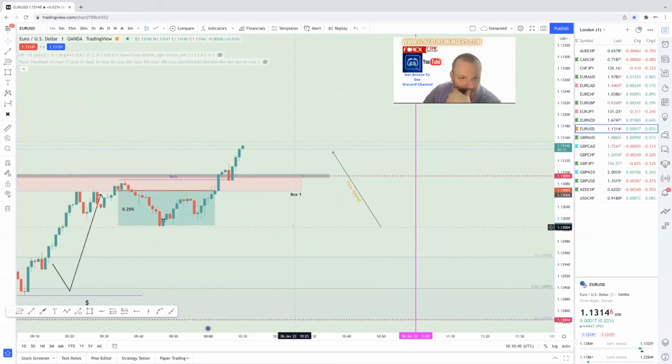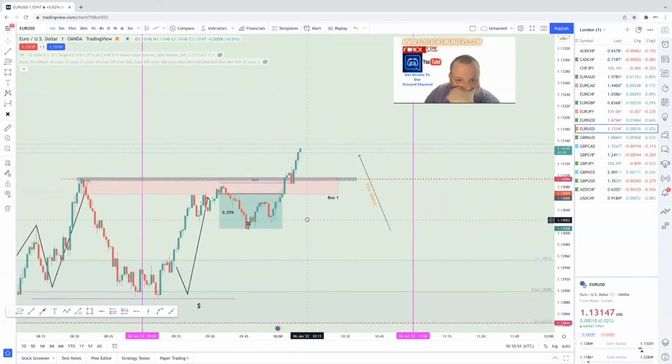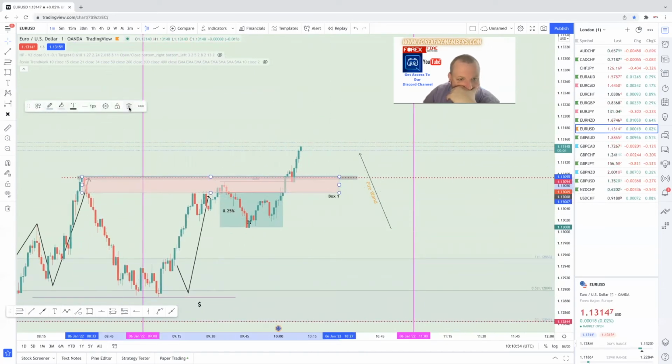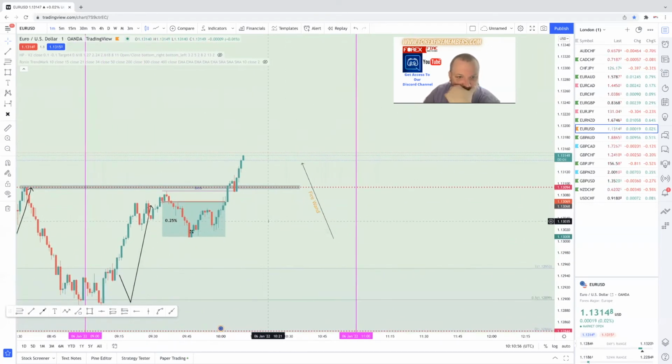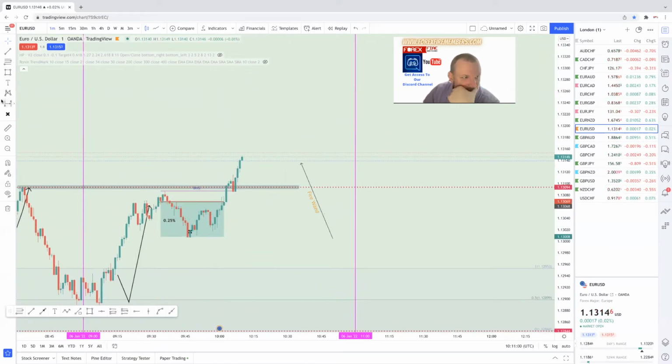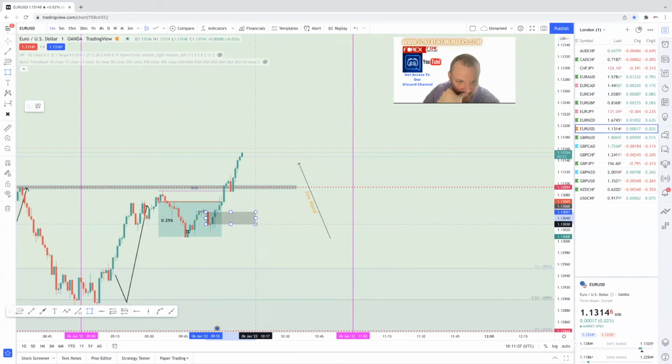We'll have that there. So now I'm looking at the order block. Get rid of that. So we've got two areas of interest, okay? So the push came out of here, okay? Then a retest there. So we've got an order block here.